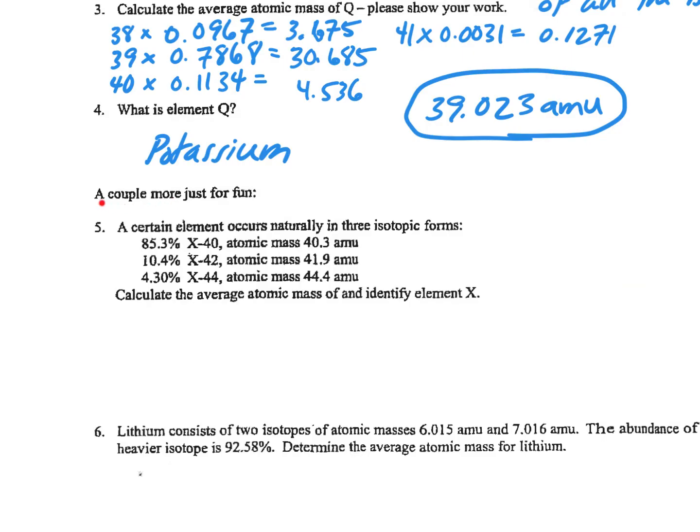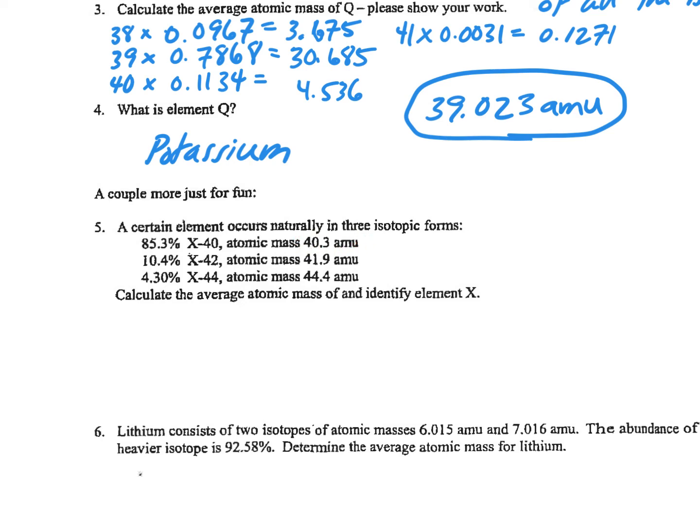Okay, so let's try another one just for fun. Are you ready for some fun? Here we go. Now, guys, listen. Remember when I said if you're given the atomic mass, use the atomic mass. Notice how we are given the mass number 40, but the actual mass is 40.3 AMU.